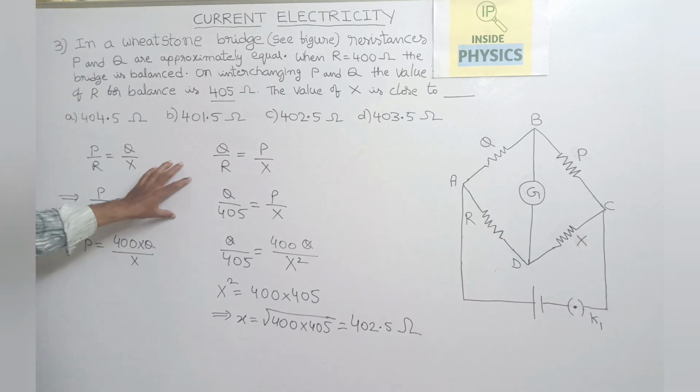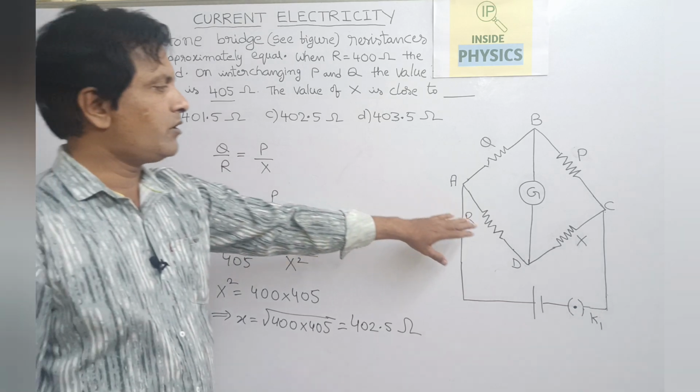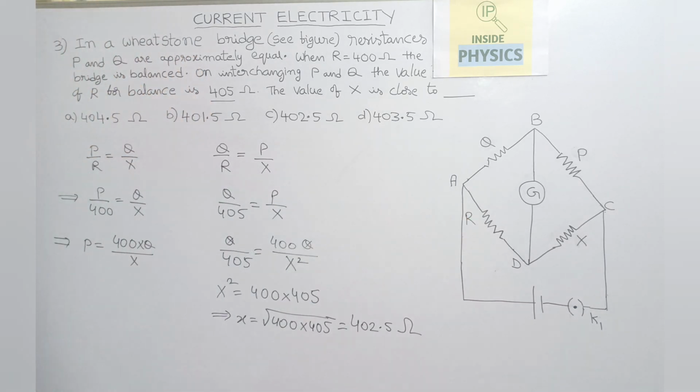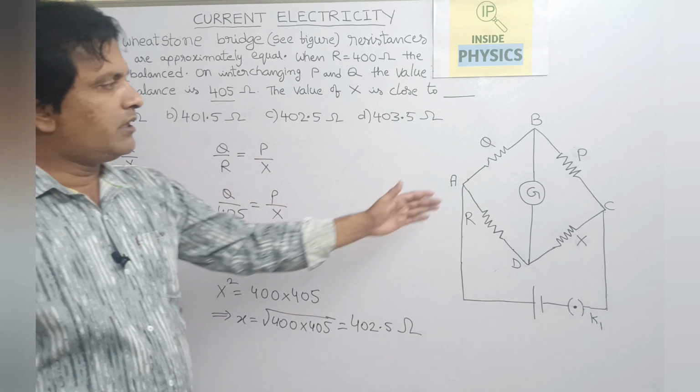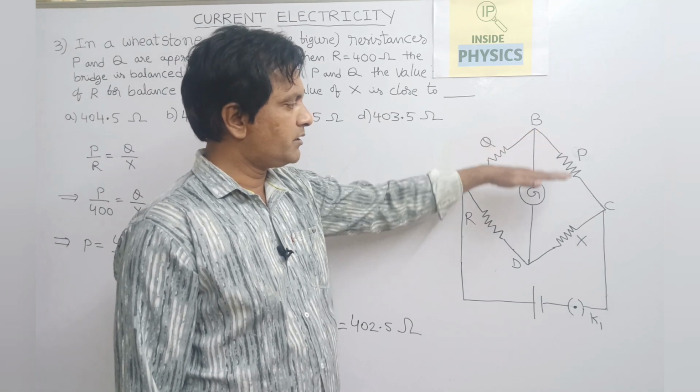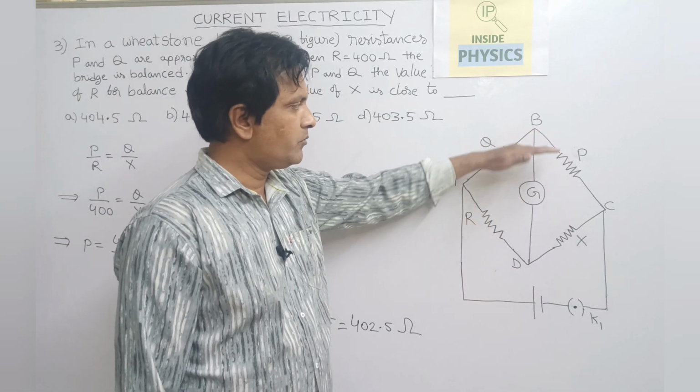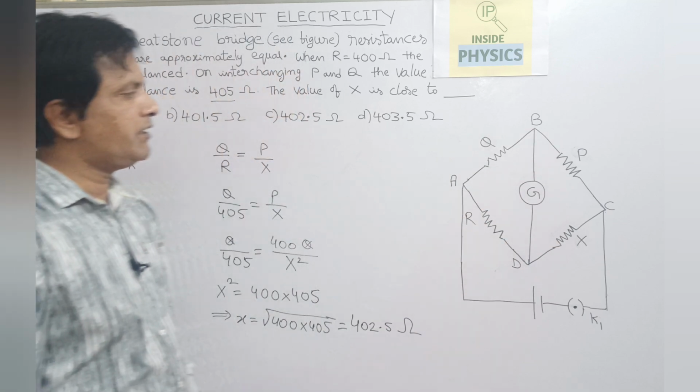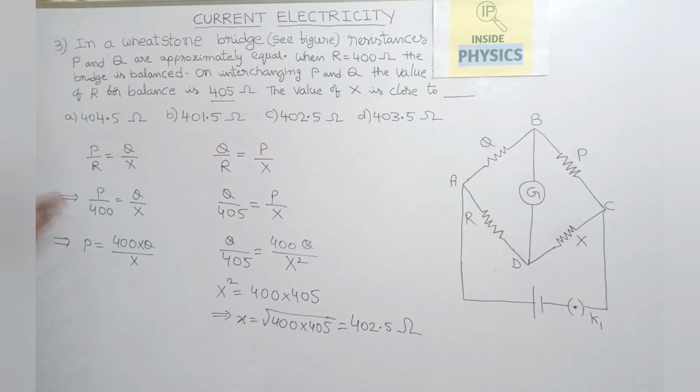So this is the method that will be used while doing a problem on Wheatstone bridge. You must know how to write the balancing condition. Balancing condition means here the current flowing in the upper junction and the lower junction, both the currents will be equal, and the galvanometer will show a null deflection at the balancing condition.